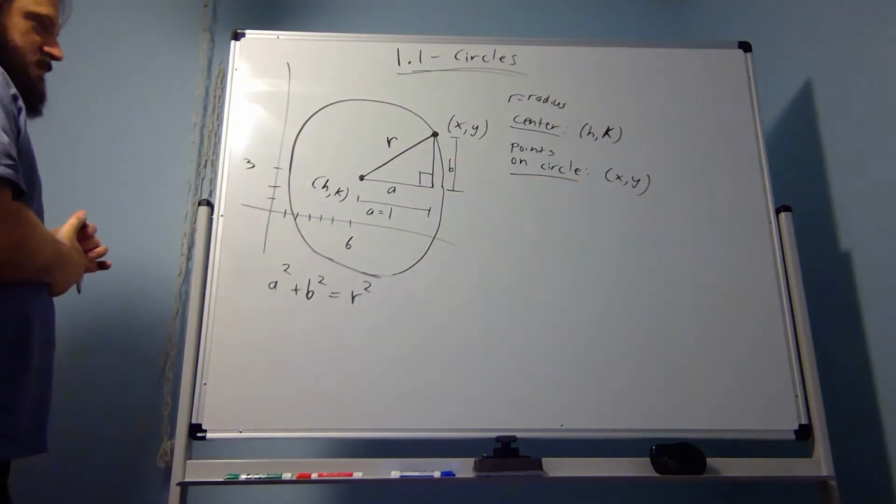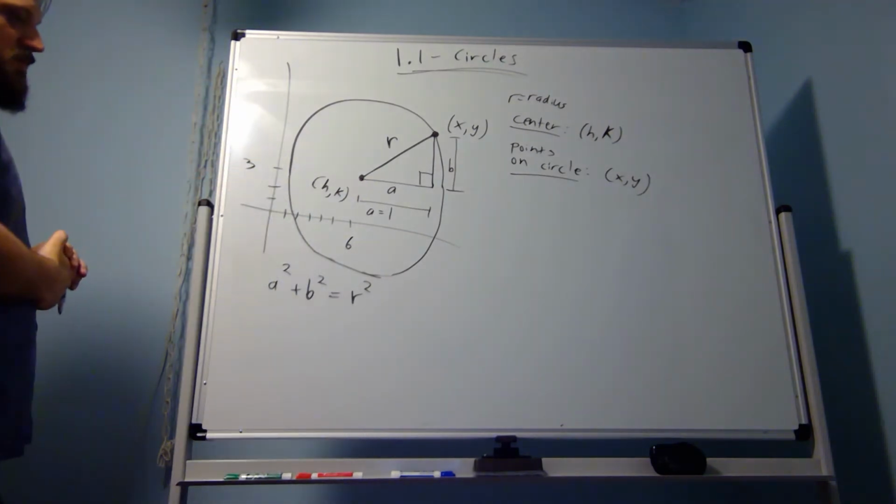There's a single h and k, which are constant. X and y are all the ordered pairs that could possibly be on the circle.